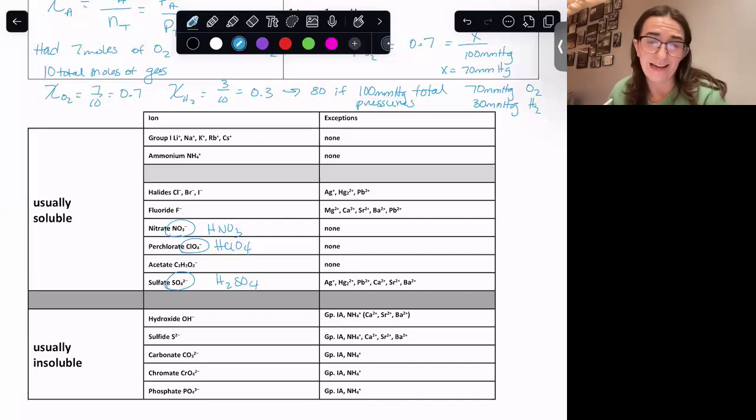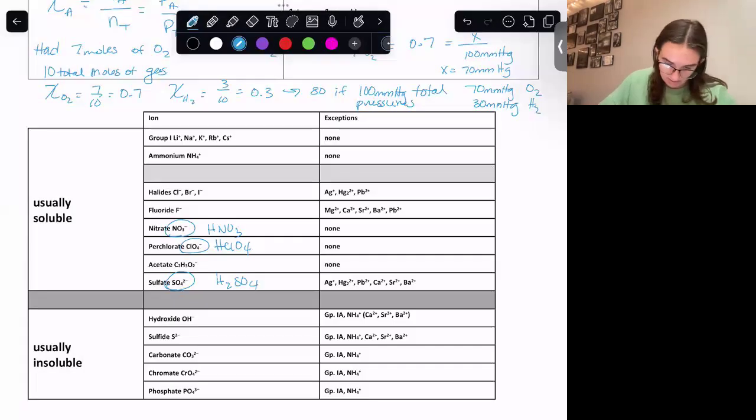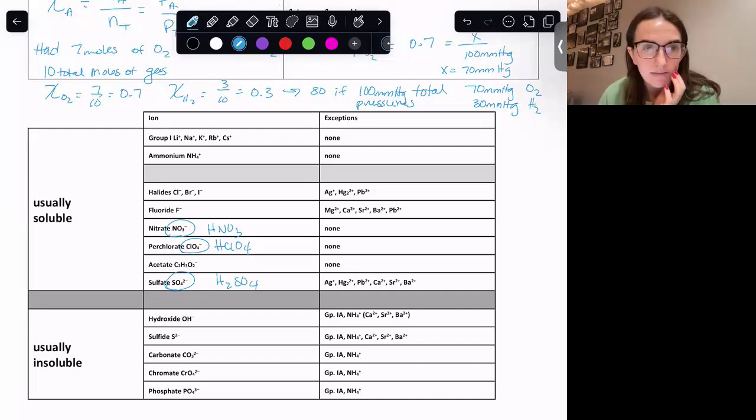You can use that to your advantage as well for memorizing those. And then there are the halides at the top, right? So all of the ions are technically on your solubility chart for acids, if you want to memorize it that way.